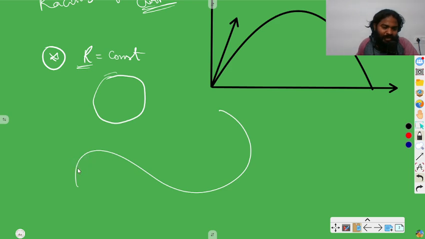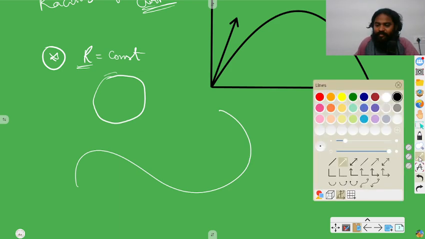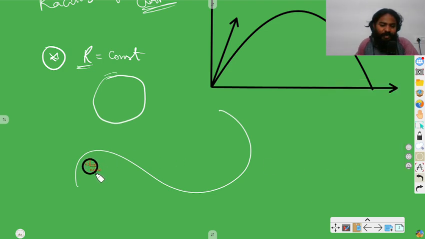If you observe this point, the radius will be very small. At this point the radius will be large. Now let us see how the radius changes. Here if I draw the radius for this point, this is the radius at this point. This radius is called the radius of curvature at that point.